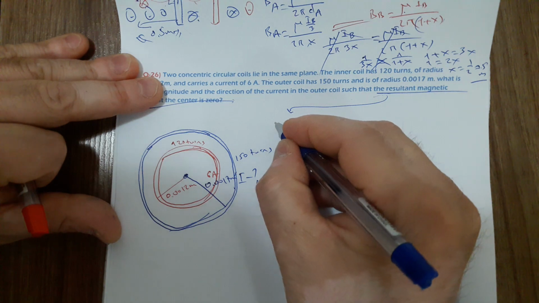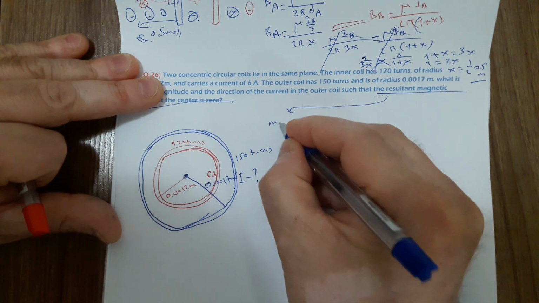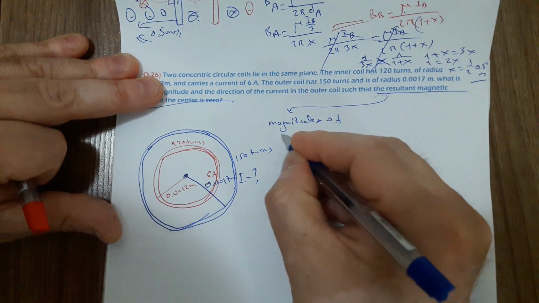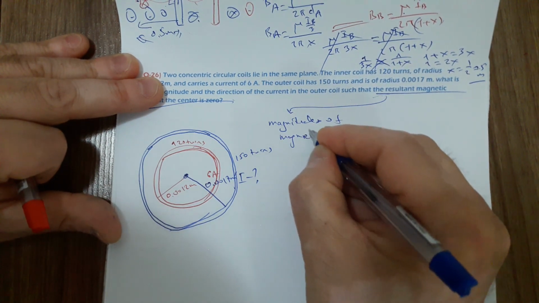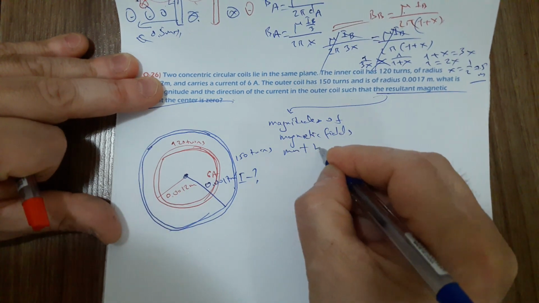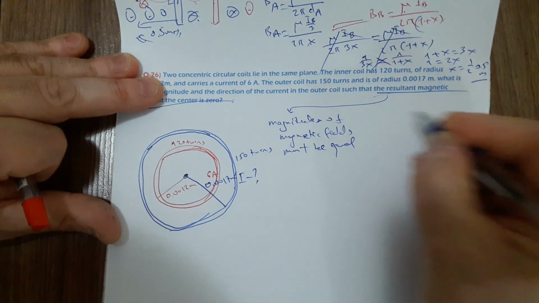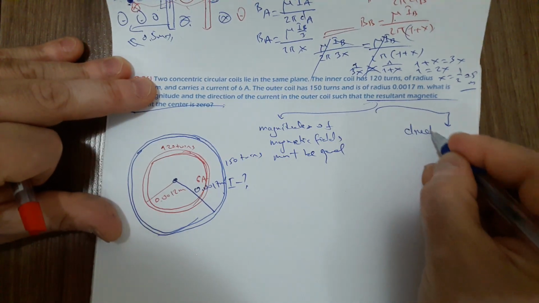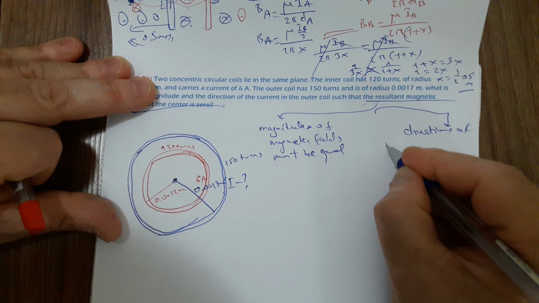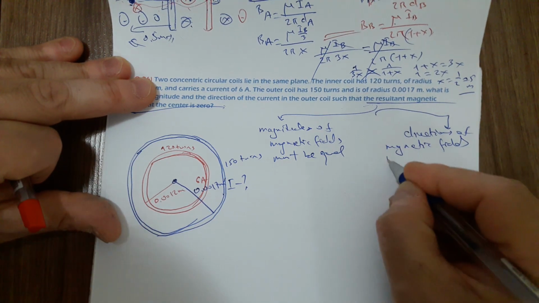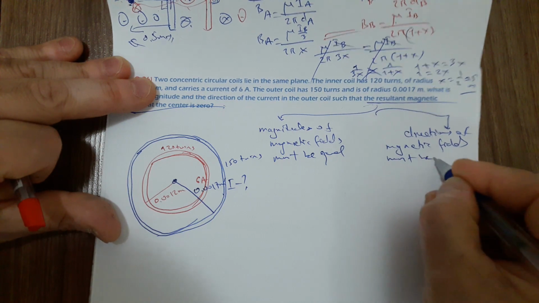To be 0, the resulting magnetic field magnitudes must be equal. And second, the directions of the magnetic fields must be opposite.